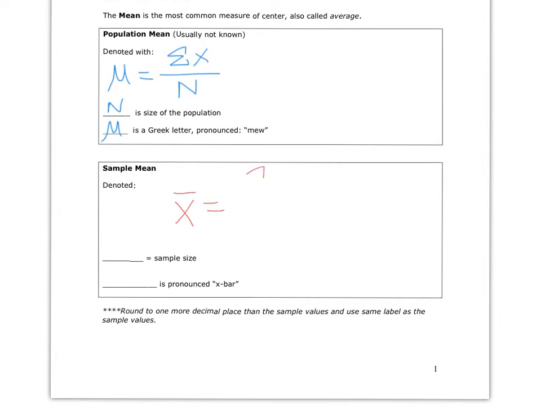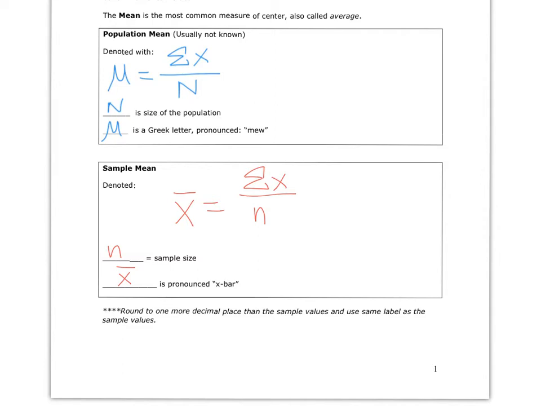And again, we are going to add up all the sample values, sum all the x's, and then divide by, this time we use lowercase n, as lowercase n stands for the sample size, and again, it's denoted with that x with a bar over the top, and when we see it, we say x bar.